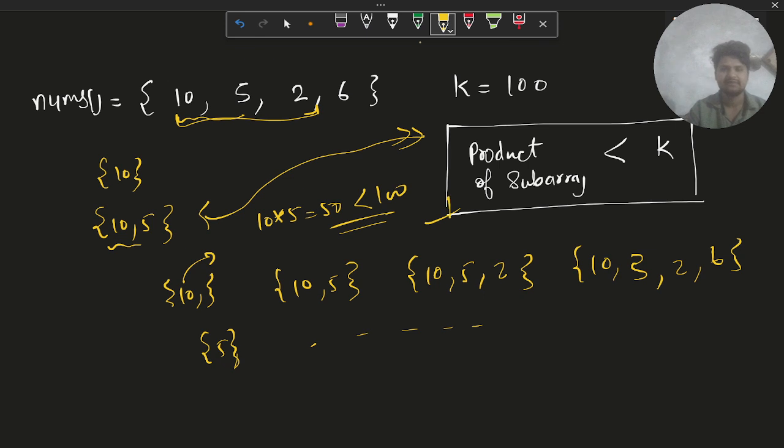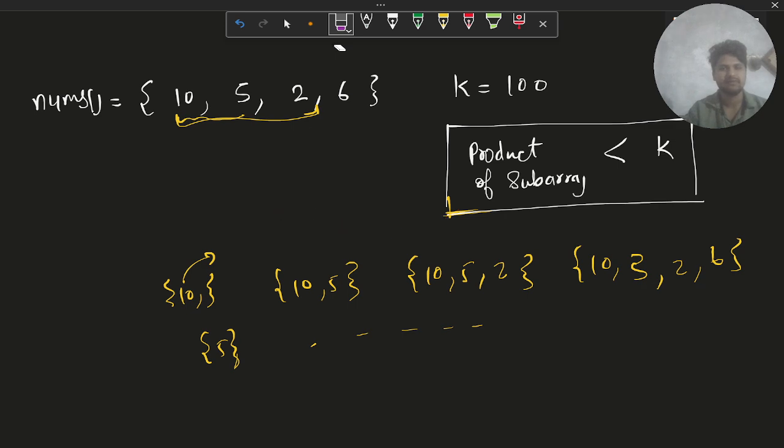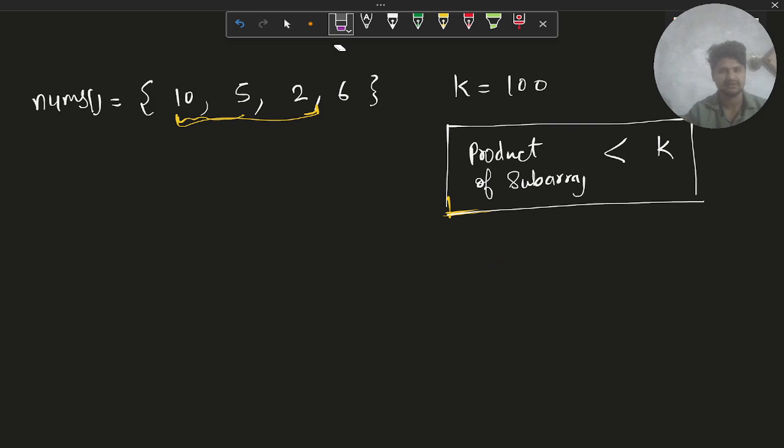If the condition is met, we increment the count variable; otherwise we don't. I'm not going to write the code because it's very simple. You just write two for loops, compute the product for the subarray, compare it with the condition, and increment the count. The time complexity would be big O of n square, because you are using two for loops for generating all the subarrays.